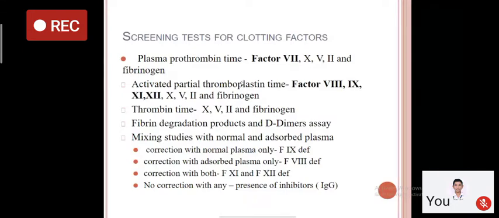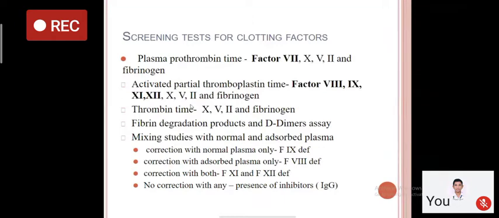Similarly, the activated partial thromboplastin time depicts the integrity of your intrinsic pathway: factor 8, factor 9, factor 11 and 12. These are the primary factors involved in the interpretation of the activated partial thromboplastin time. If any of these factors is deficient, the activated partial thromboplastin time is prolonged.